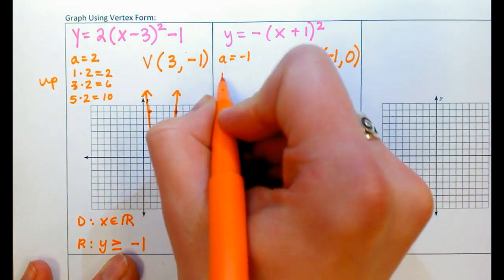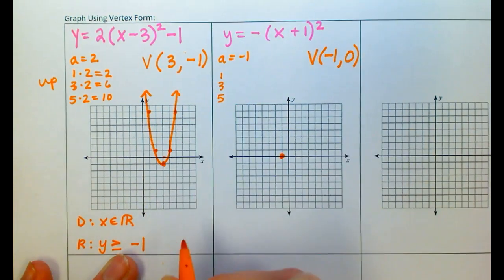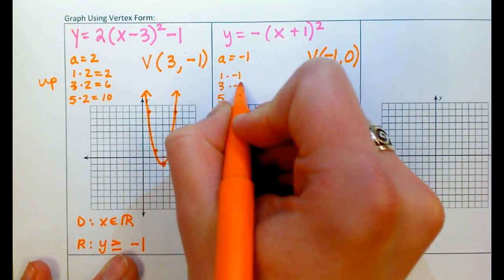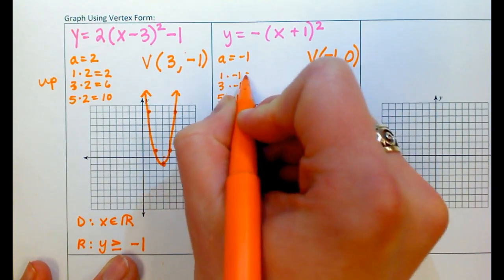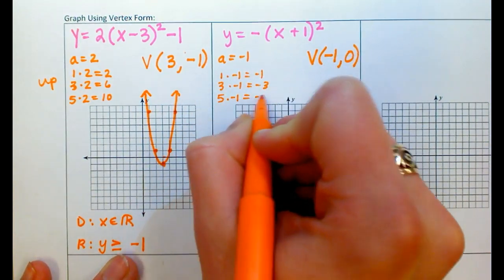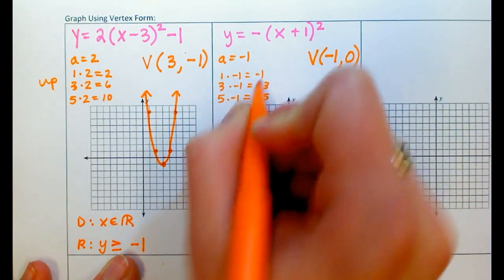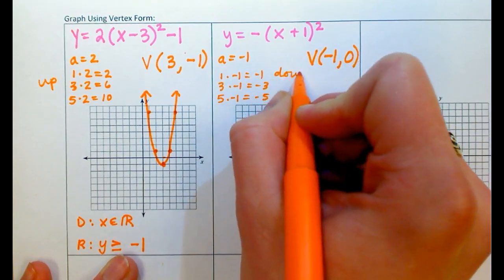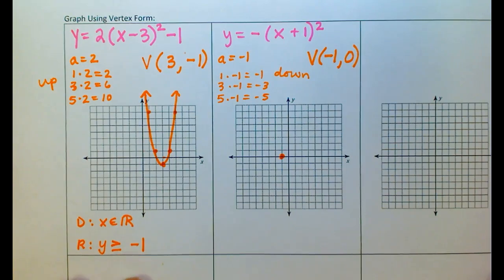So I'm going to multiply my 1, 3, 5 pattern by my -1. This will give us -1, -3, and -5. The reason these are negative is because for this graph, we're going to be going down.